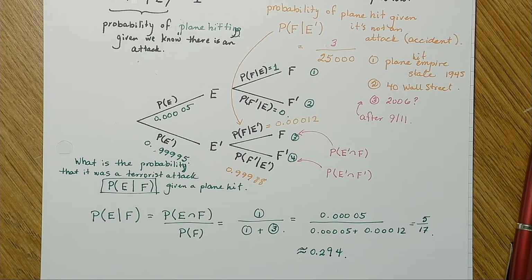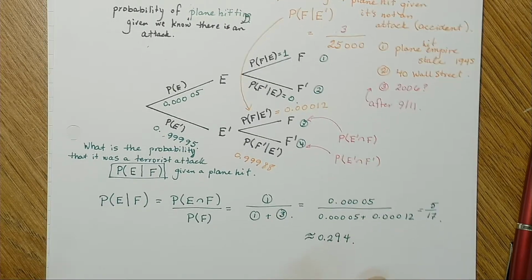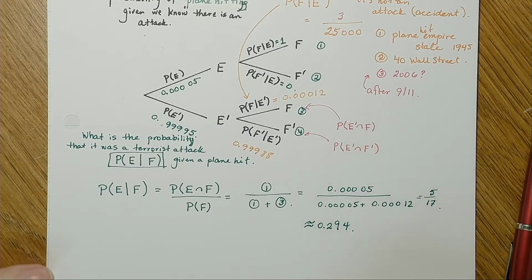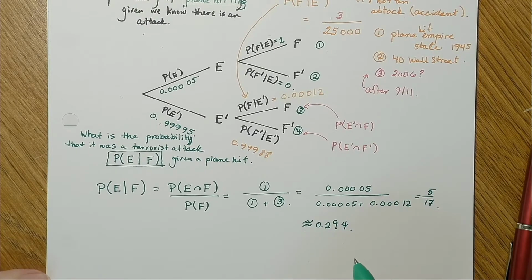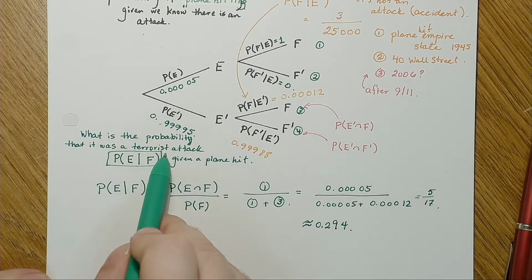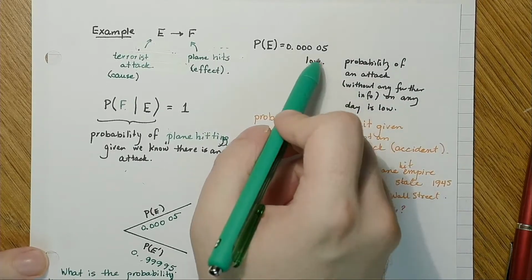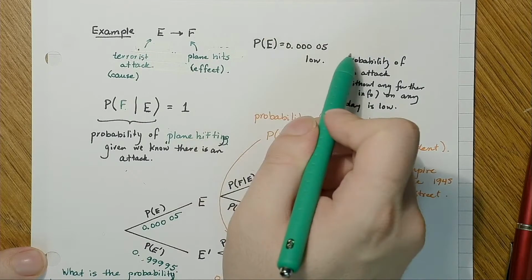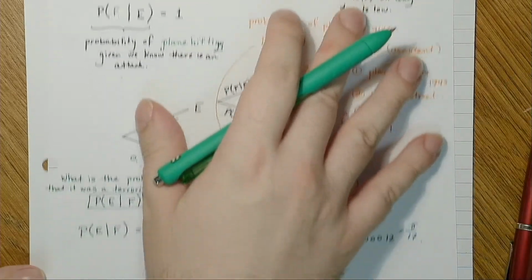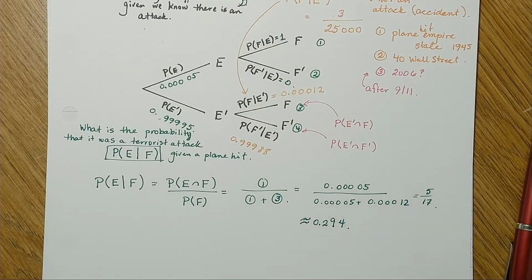Okay. So that's kind of what happened when we were watching this in real time, when somebody told us that a plane had just struck the trade tower. The probability that it was a terrorist attack went up. It went up from a really low probability of less than 1% to, well, it's getting close to 30%. We didn't know at the time.